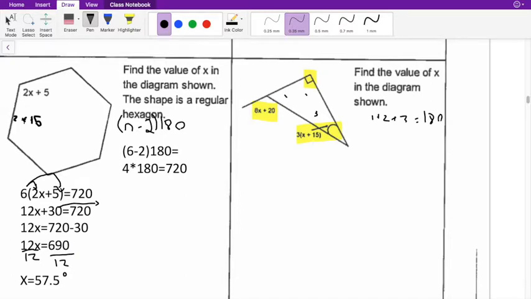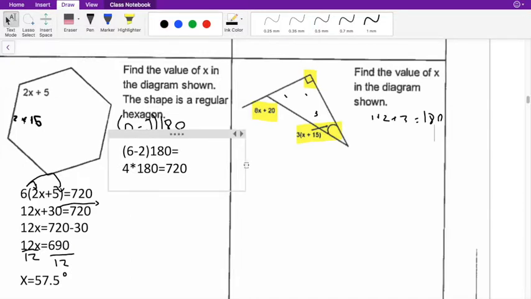As will a straight line here, right? So if that equals 180 altogether, and this equals 180, this angle plus that angle equals 180, this angle plus these two angles equal 180, therefore these two are equal.